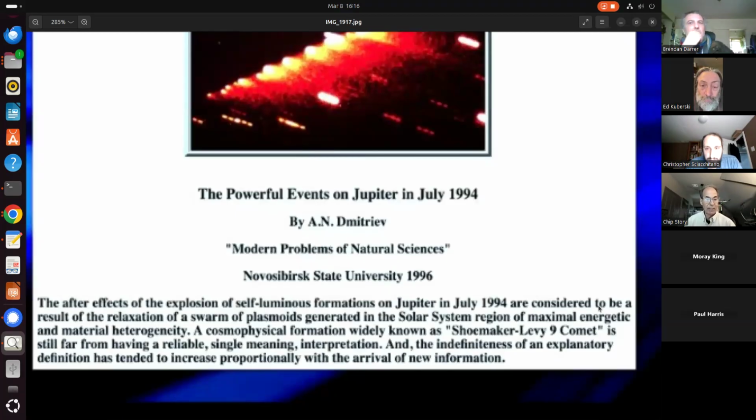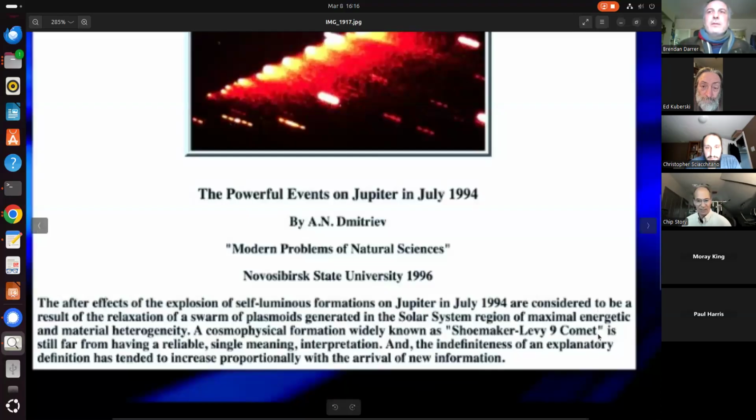Cosmophysical formation, widely known as Shoemaker-Levy 9 comet, is still far from having a reliable single meaning interpretation. And the indefiniteness of an explanatory definition has tended to increase proportionally with the arrival of new information.